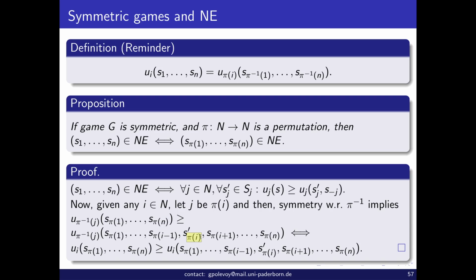Now when we replace by the definition of P again, P minus 1 of j is i. We basically say that the utility of player i in this profile is at least as much as what player i gets when it follows this profile besides that player. And that means that this profile is an equilibrium.